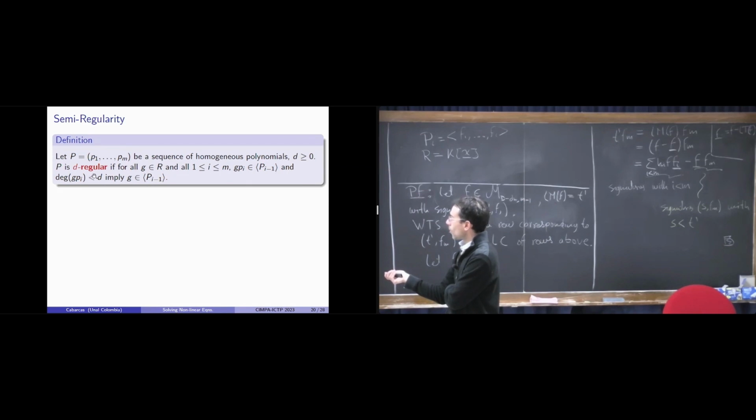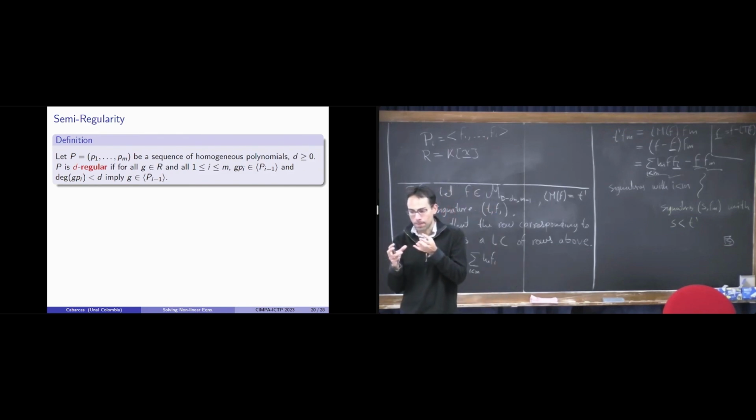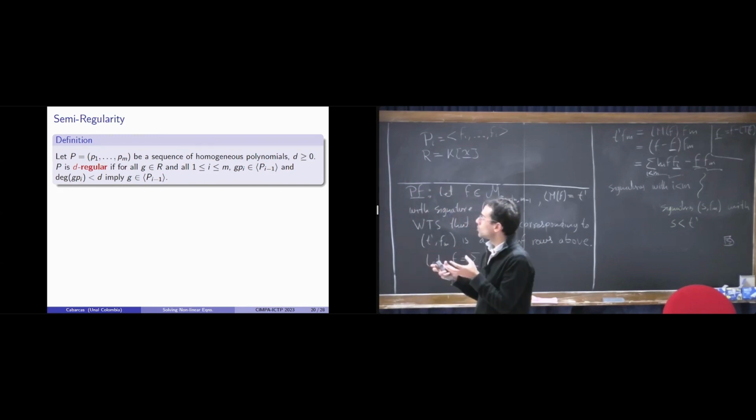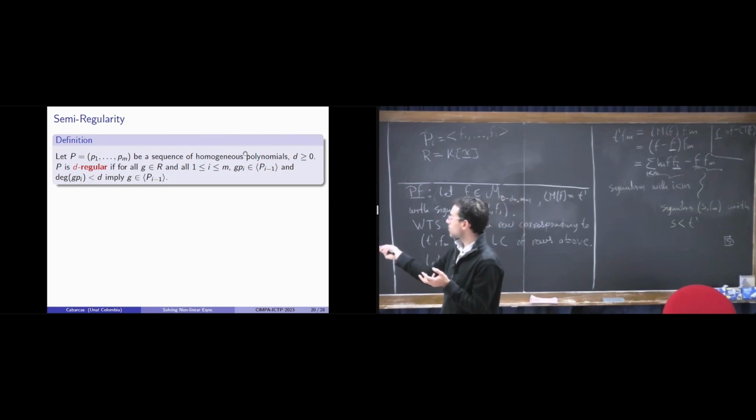So we only require the condition of regularity to be true up to degree d. Look, it's exactly the same condition. G P_i belongs to the ideal generated by P_1 through P_(i-1), and this condition implies G belongs to it.